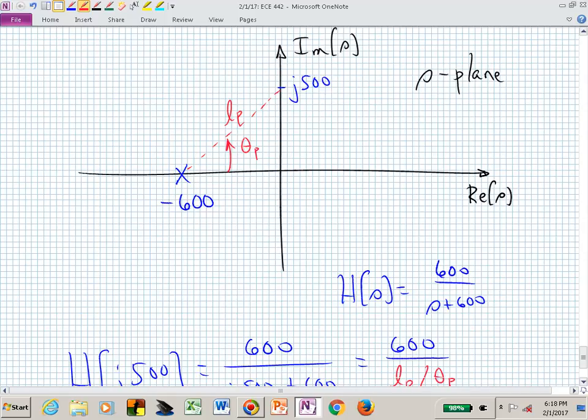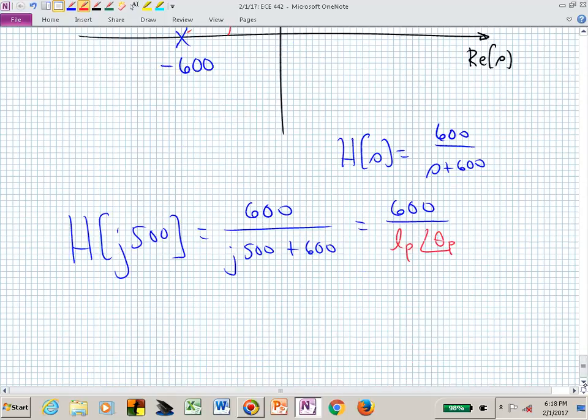There you go. So we need to now compute that L sub p, and that's just the Pythagorean theorem, the length of that hypotenuse. We go over 600 and up 500, and we need the length of that hypotenuse, which is now 600 squared plus 500 squared square rooted. And that's what will be downstairs for L sub p.